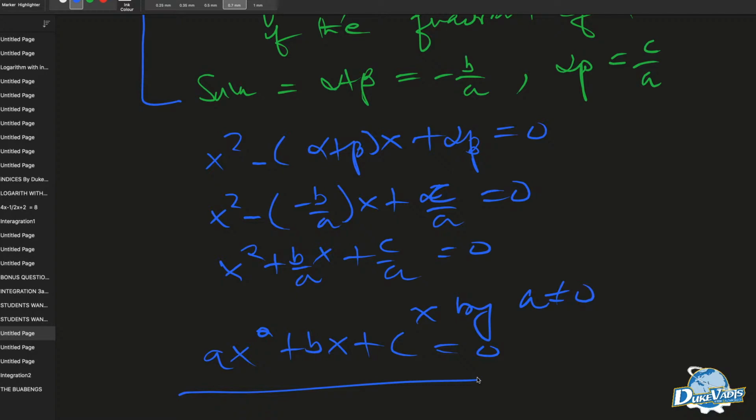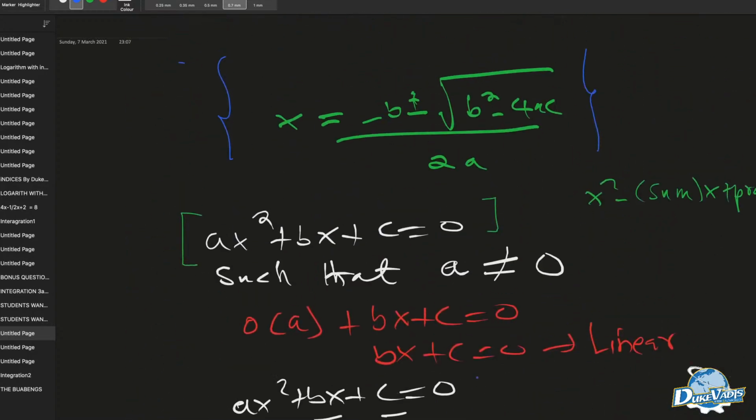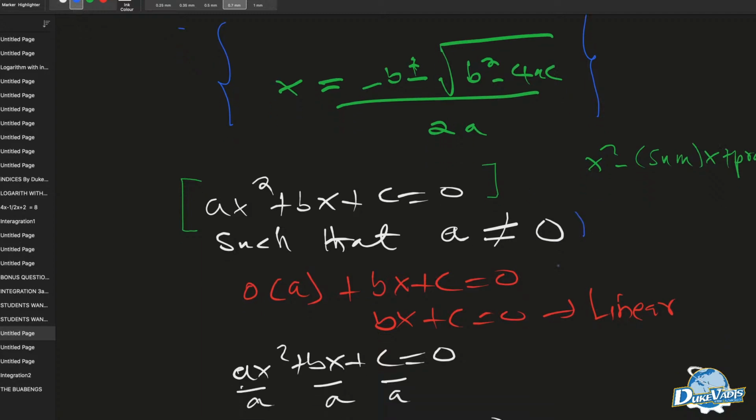Then, going back up, this equation is the starting point to the almighty quadratic formula. So we say that we divide through by a, such that a is not equal to 0.